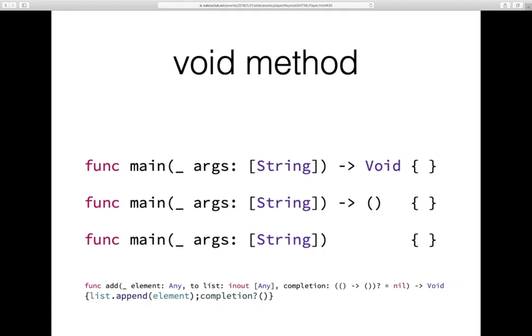So we have the func keyword, the name of the function, the name of the argument, and then the type of the argument, which is the same way we would declare a variable. Right here, this is what it returns. It is important to know that all these things mean the same thing, because void means the same as this, and if it's returning nothing, you can just have nothing here.